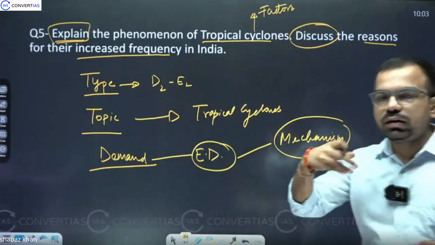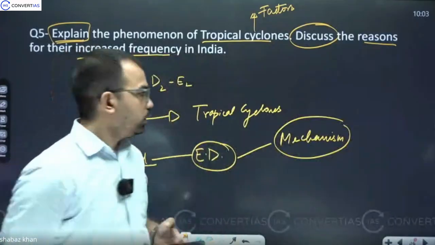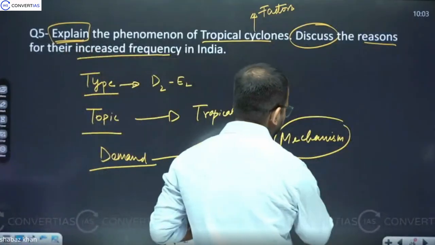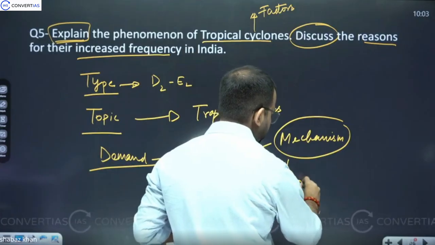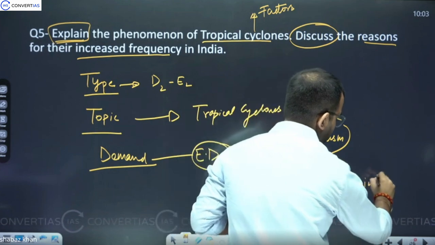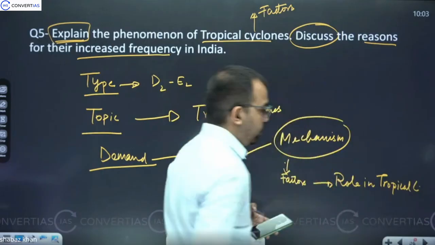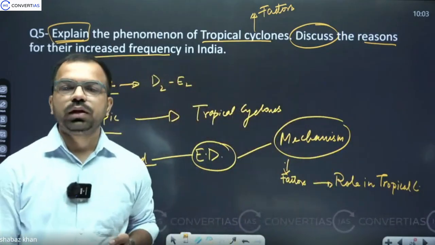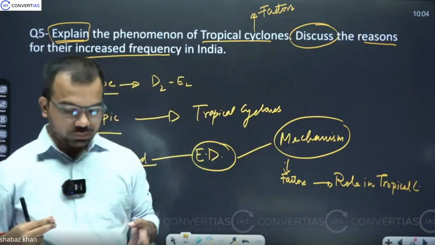There are some factors that determine the occurrence of tropical cyclones, yes or no? So you are going to write down the factors and their role. Is it a yes or is it a no? Can you do this? Factors and their roles. Yes. Chalo.